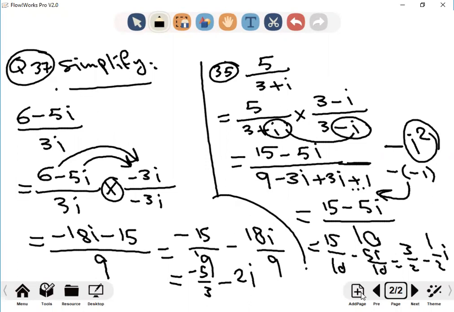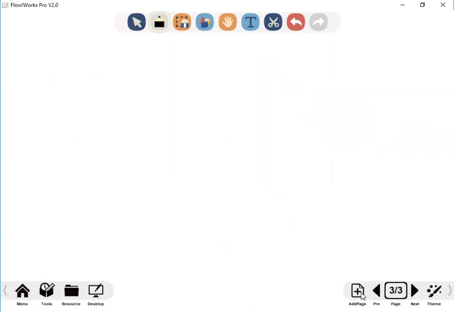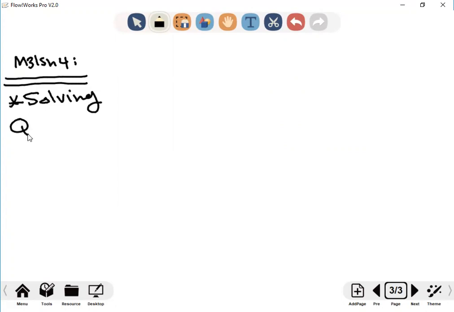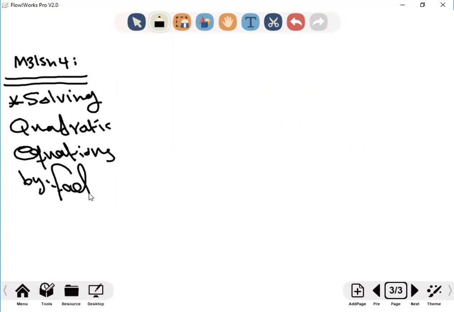I'm in module 3, lesson 4, solving quadratic equations by factoring. You took factoring before, right?